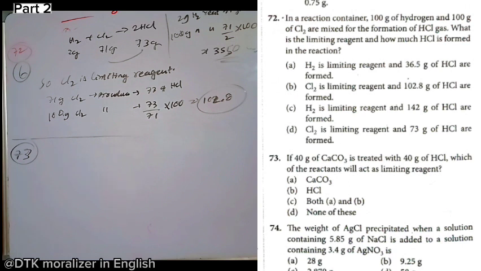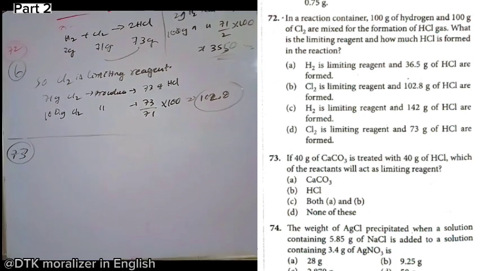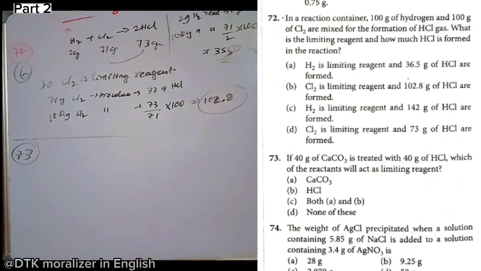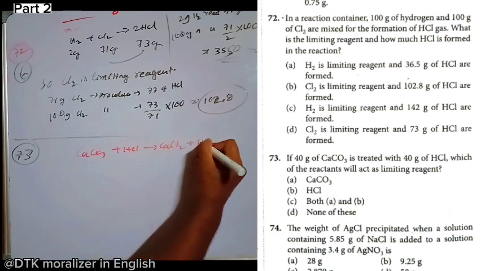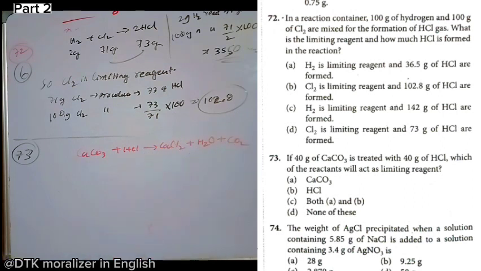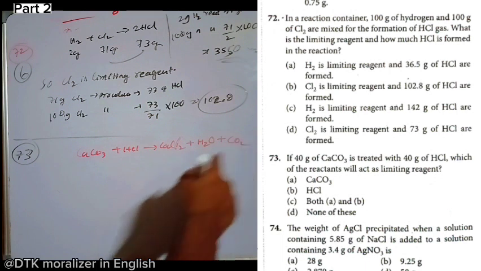Now question number 73. If 40 grams of calcium carbonate is treated with 40 grams of HCl, which of the reactants will act as the limiting reagent? Here as you can see, calcium carbonate plus HCl gives calcium chloride, water plus CO2.